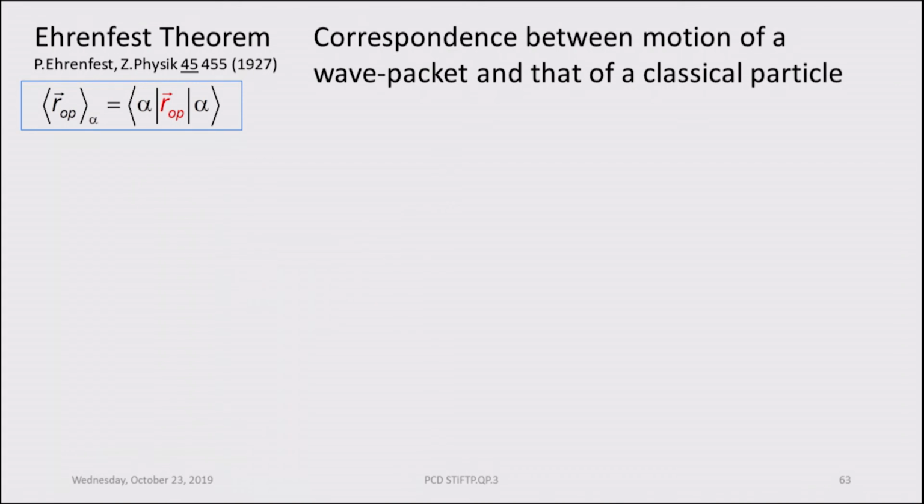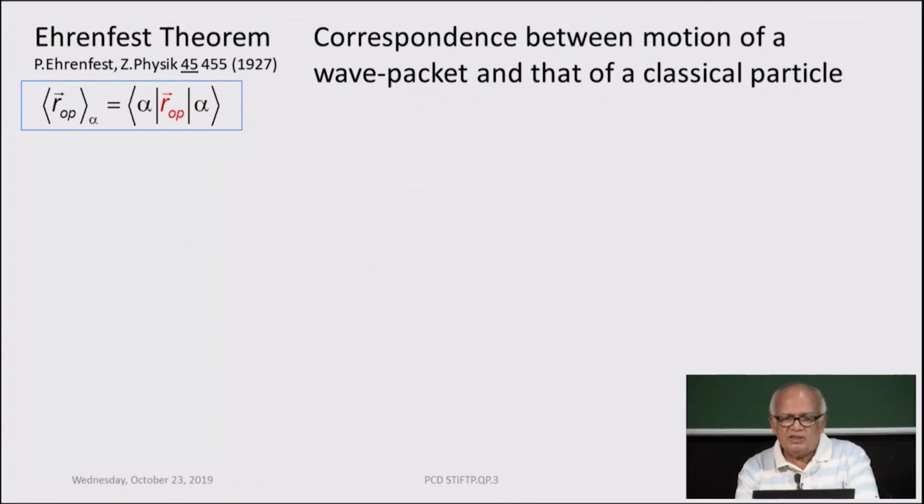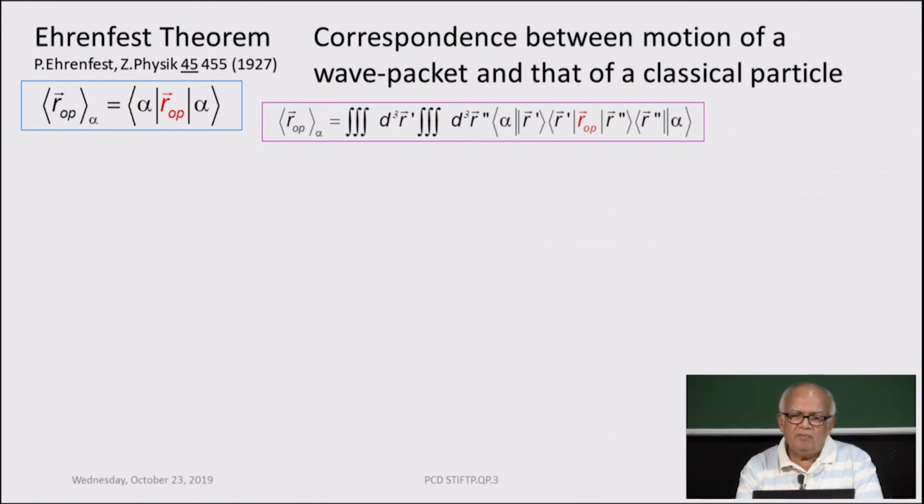So we now continue to discuss this correspondence between motion of a classical particle and a quantum particle. So you look at the expectation value of the position operator. I have sandwiched the unit operator twice on the right hand side. You can recognize that the unit operator is inserted twice. You see it?